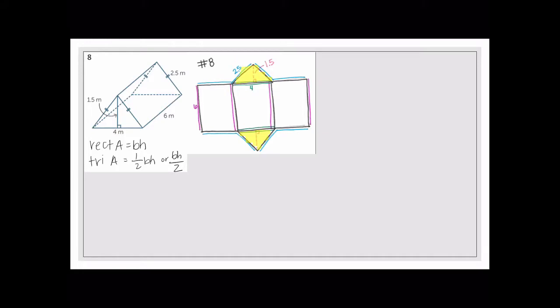So I'm going to go ahead and find all our areas. Base times height for our rectangles, which is 15. 6 times 4 is 24. 6 times 2.5 again is 15.